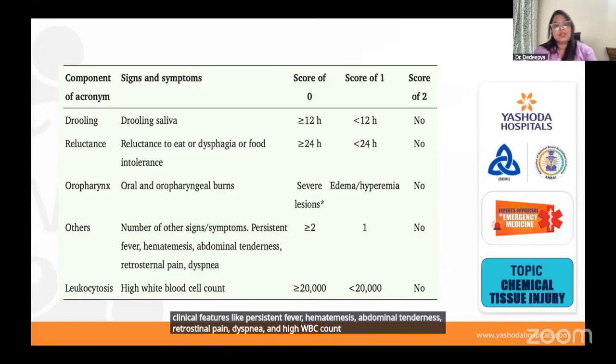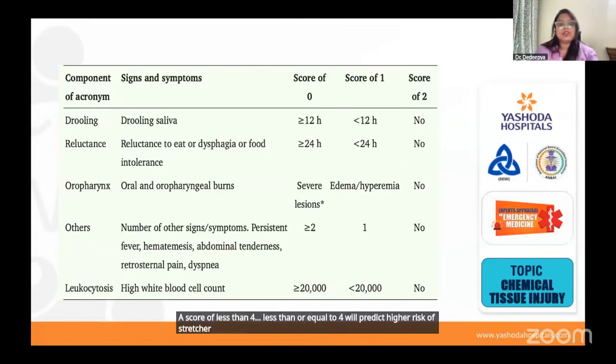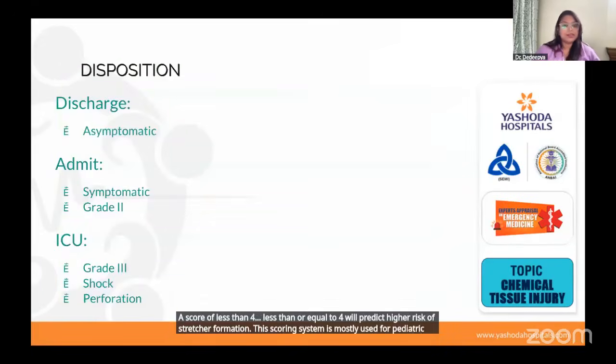It can be scored according to the table. A score of less than or equal to 4 predicts a higher risk of stricture formation. This scoring system is mostly used for pediatric patients.